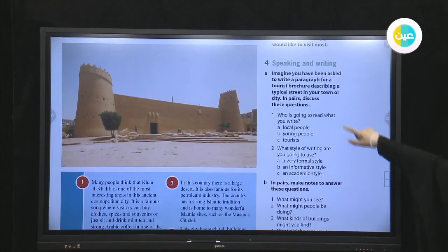Imagine you have been asked to write a paragraph for a tourist brochure describing a typical street in your town or city. In pairs, discuss these questions. Who is going to read what you write?